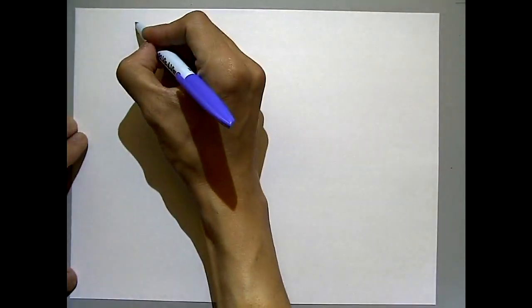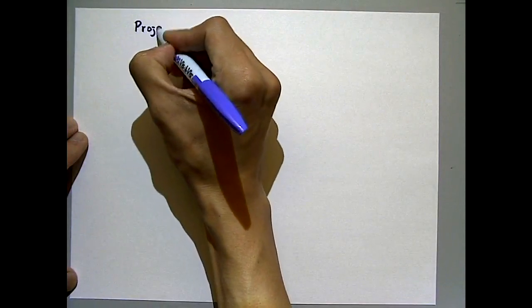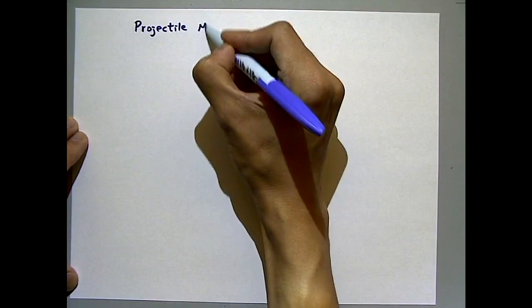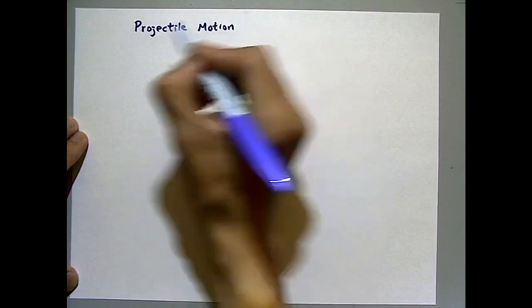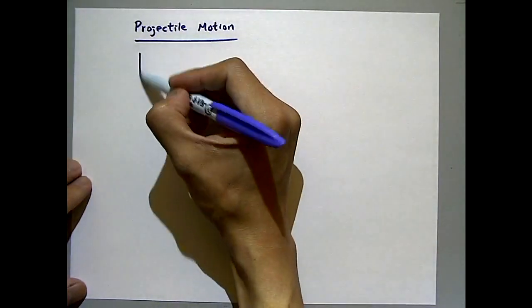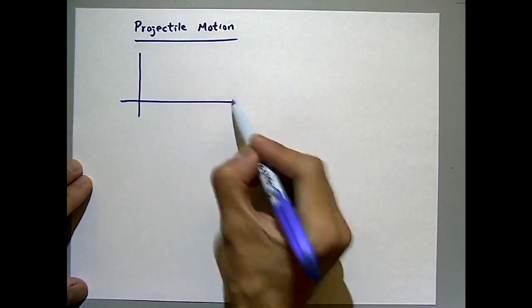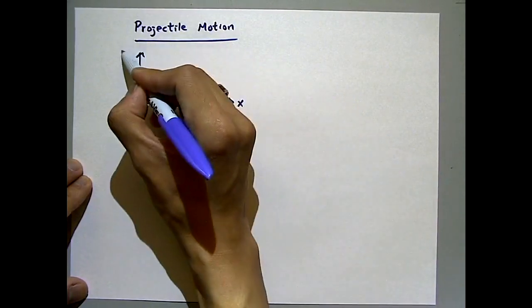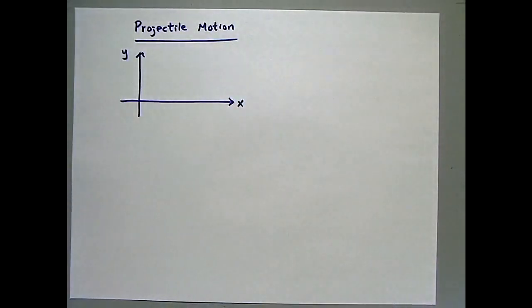Okay, anyway, let's talk about this thing that we see a lot. You probably see this in physics: projectile motion. And you probably have seen the equations in physics. Here, let's see how those equations come out.